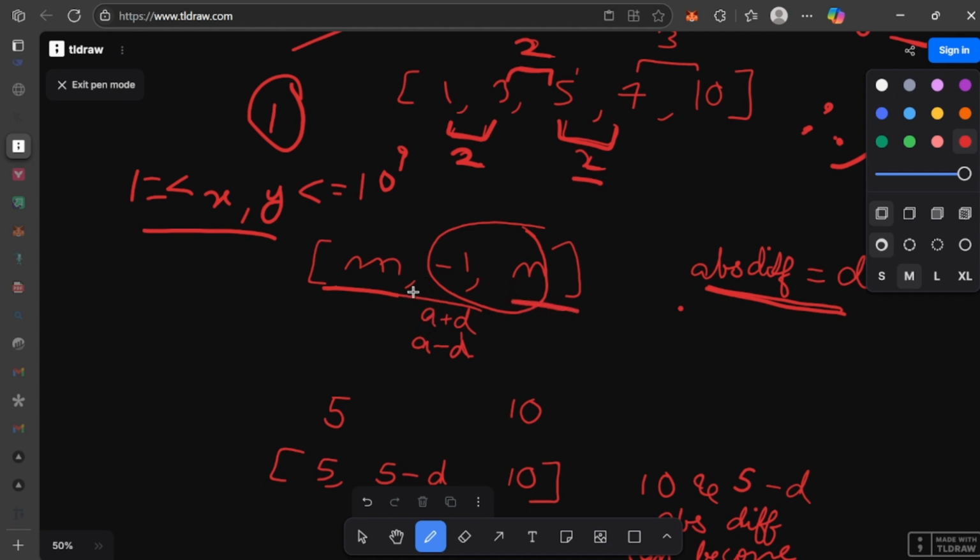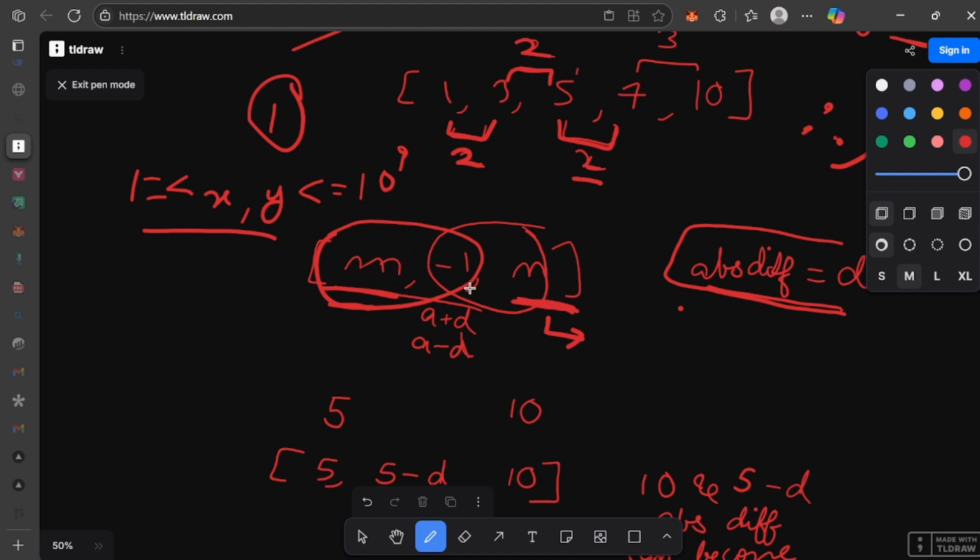So one thing you can observe in an interview setting too is that these adjacent elements directly affect the absolute difference value. So we have to choose an x or y in place of -1 such that we take into consideration the adjacent elements.